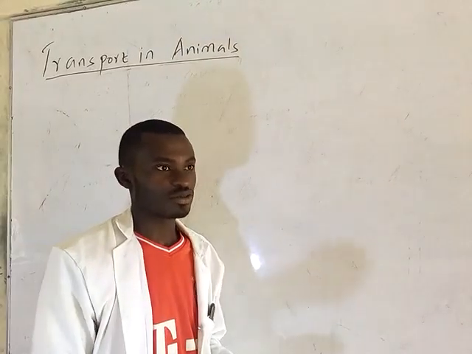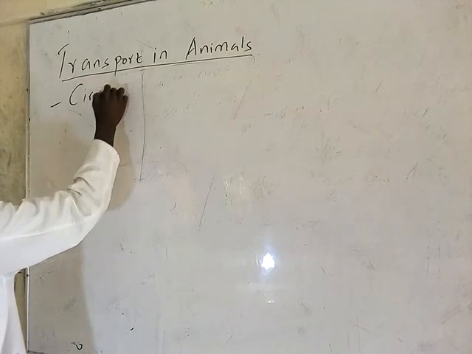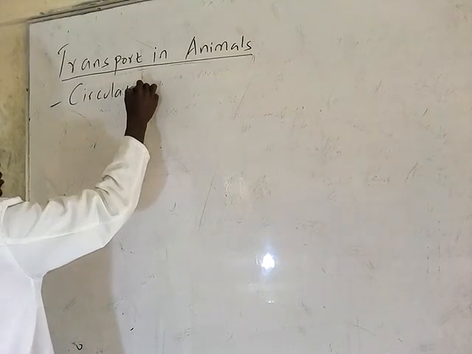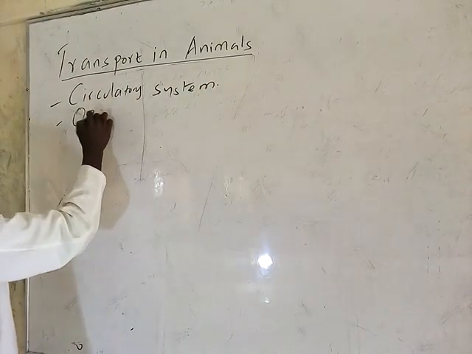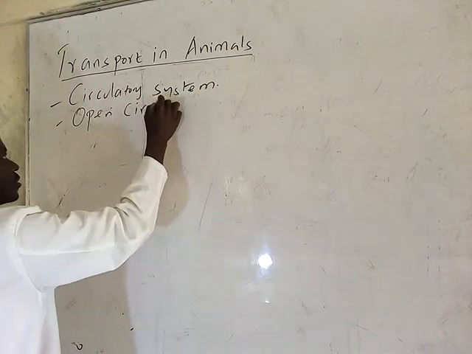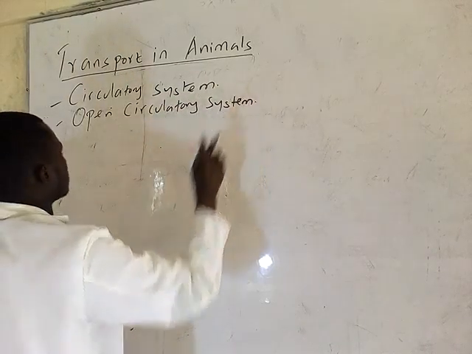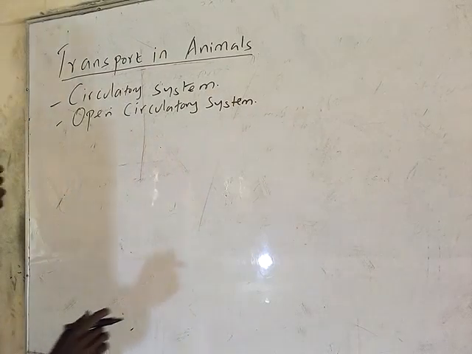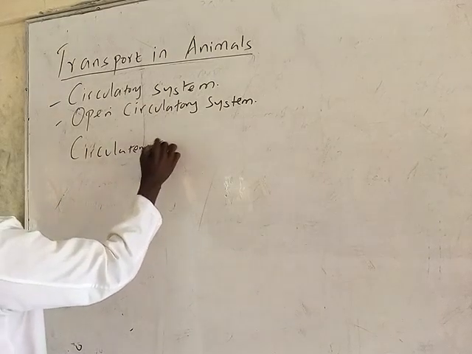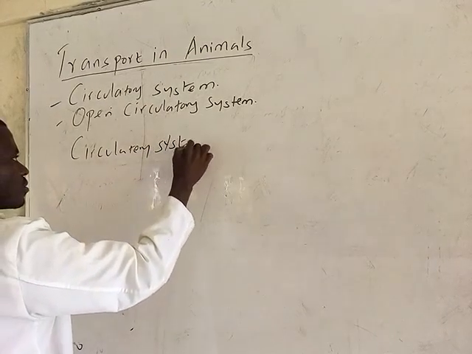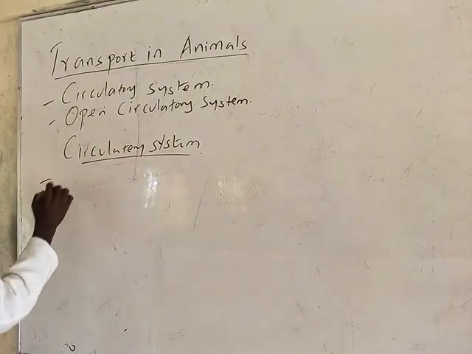We have two types of transport system in animals. That is, number one, the closed circulatory system, and number two, the open circulatory system. The closed circulatory system mainly occurs in vertebrates.